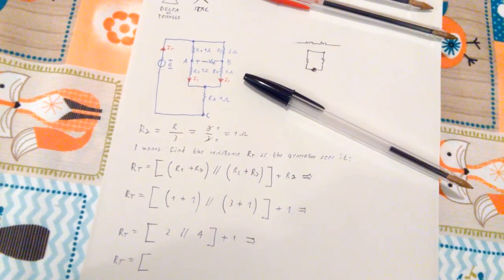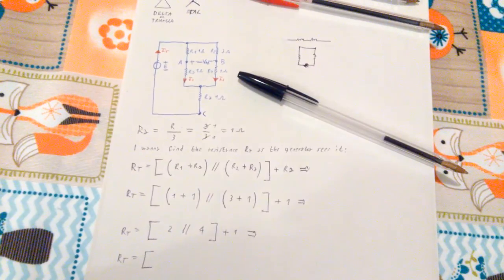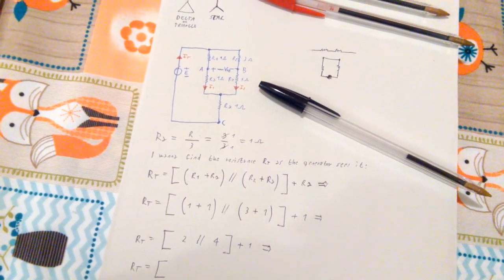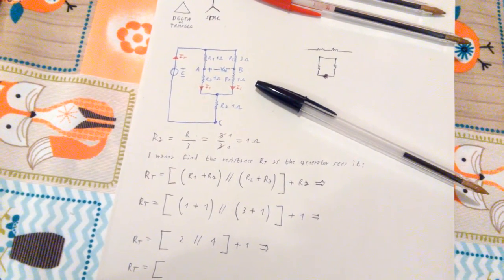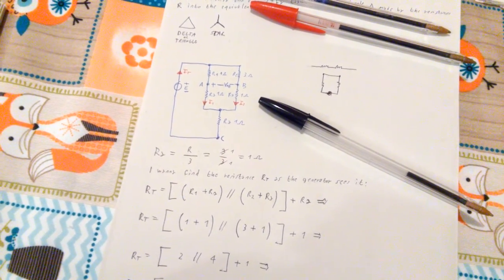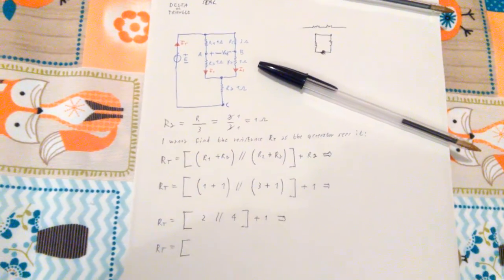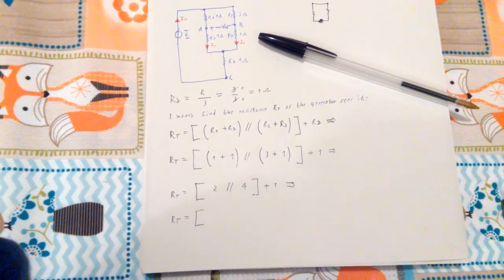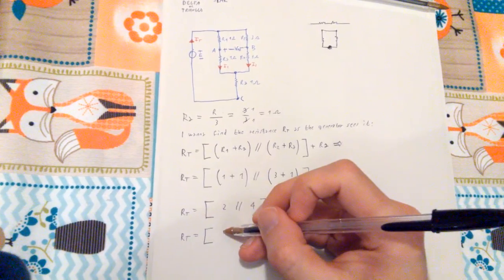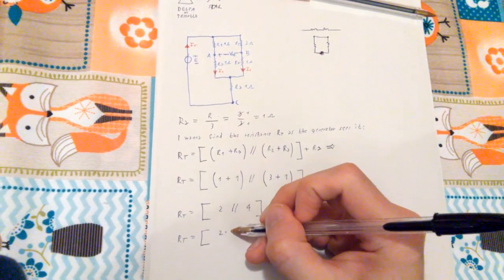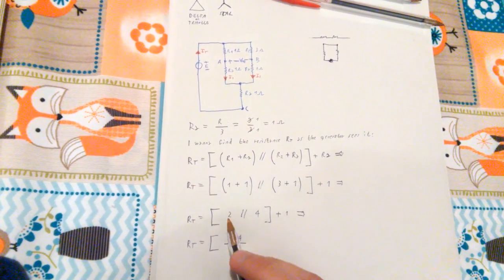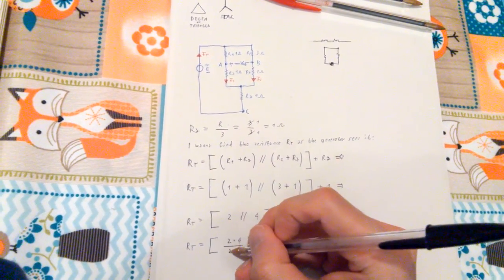I'm just going to check my algebra, but I'm thinking I'm right. So basically, if you have 2 in parallel with 4, this means that you have 2 times 4 over 2 plus 4.